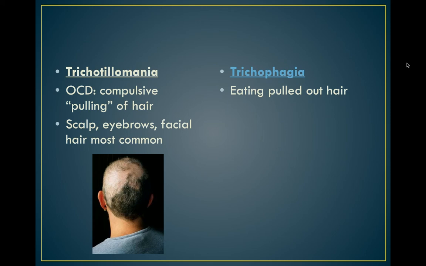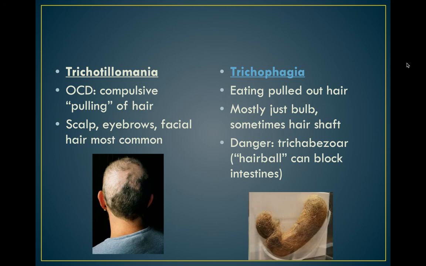And these are two really common conditions to express together. Most of the time, people are eating kind of the root, the bulb, and a little bit of the shaft if they're choosing to eat. Now, the issue is that your body has a hard time breaking down hair in the digestive system.